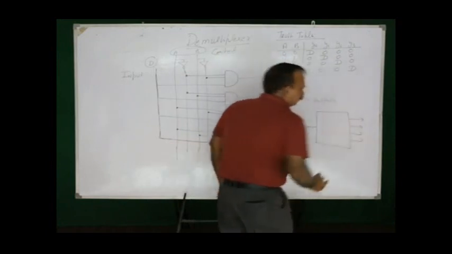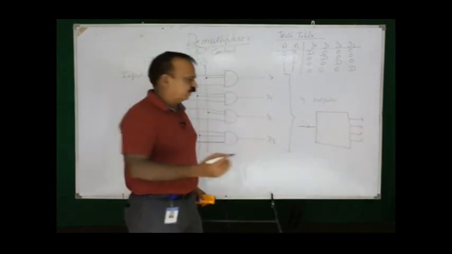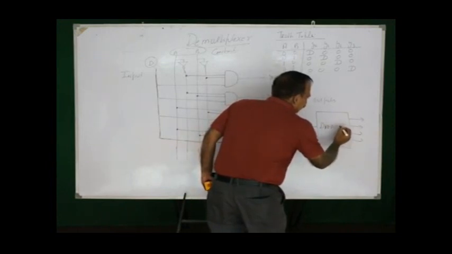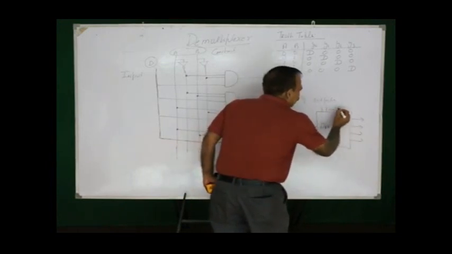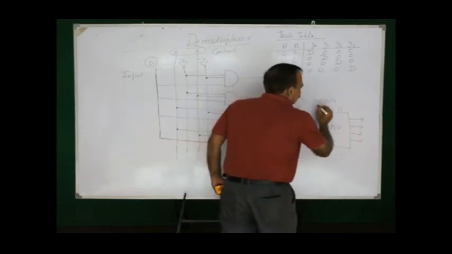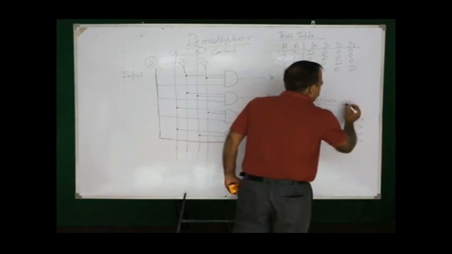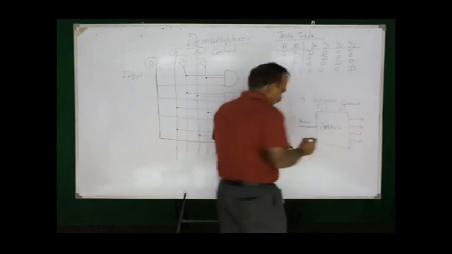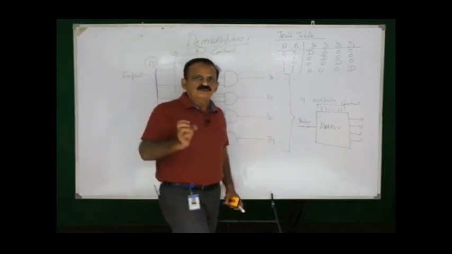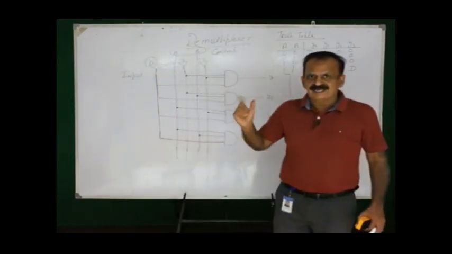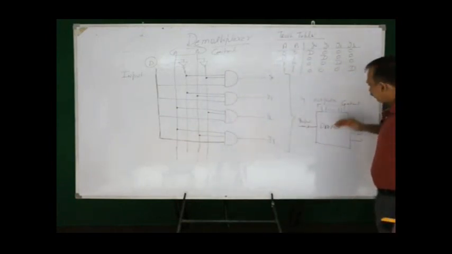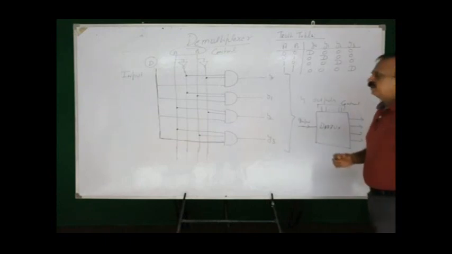If a single input resource is to be shared with a number of output resources, then the device uses a demultiplexer. This one input resource is shared with a number of output resources depending upon the control signal. So in a multiplexer a number of input resources share a single output resource, while here a single input resource is sharing a number of output resources.